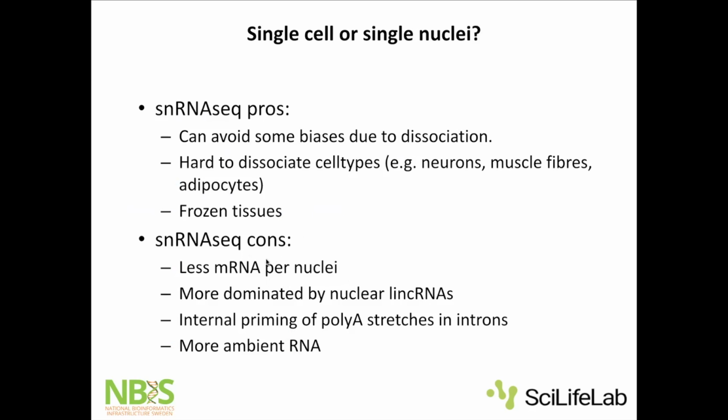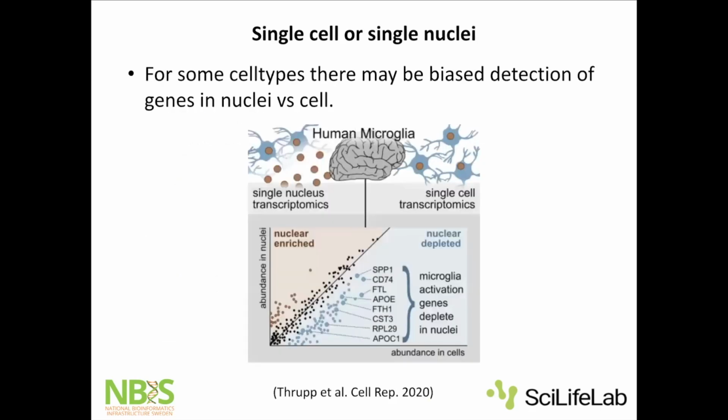Of course, we have less mRNA in a nucleus than we have in a cell. We get much more of these nuclear-linked RNAs. We get a lot of these intron structures, and we also get more ambient RNA with nuclei. So if we can get cells, it's better.